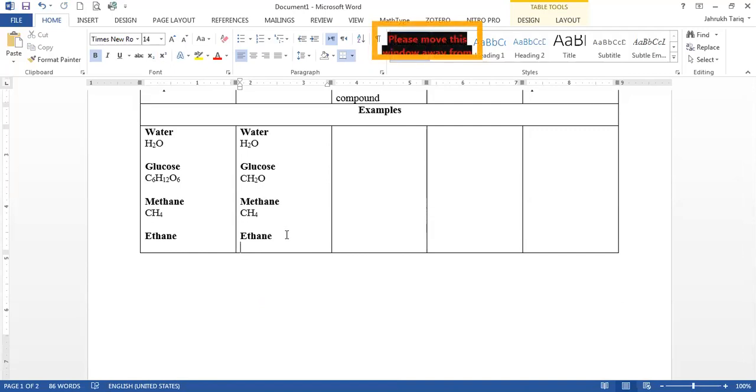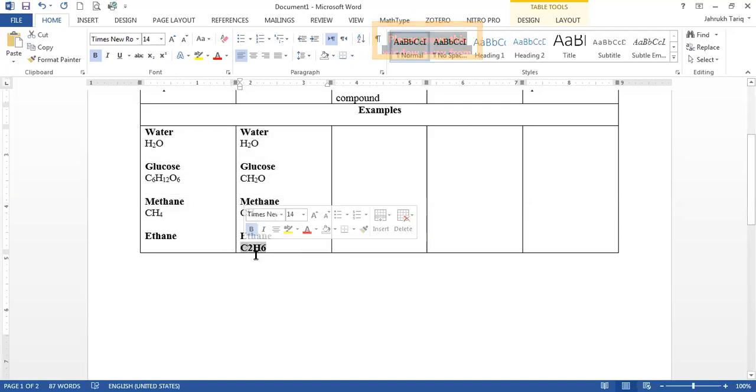Yes, ethane. C2H6. Very good, Shazid. So that is C2H6. In that case, we have two carbon atoms and, oh sorry, 6 hydrogen atoms.